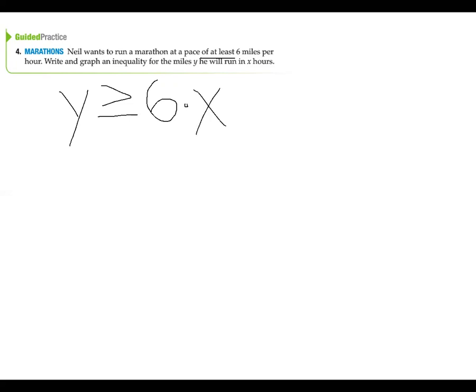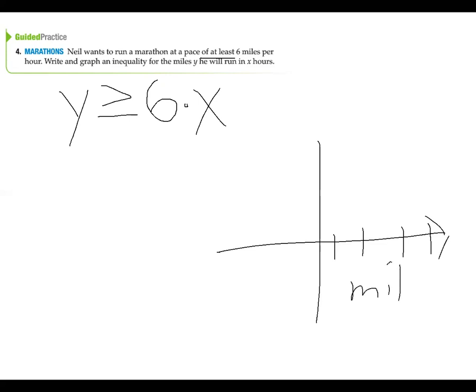So y is greater than or equal to 6x. If I graph that, x represents hours and y represents miles.